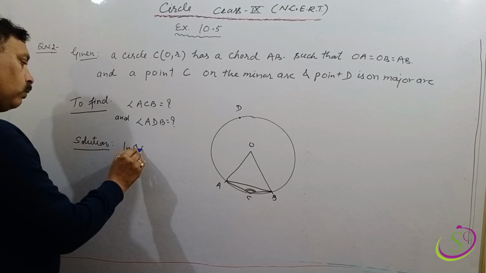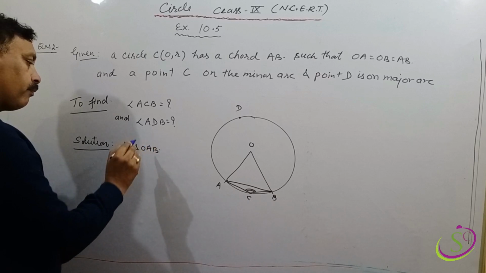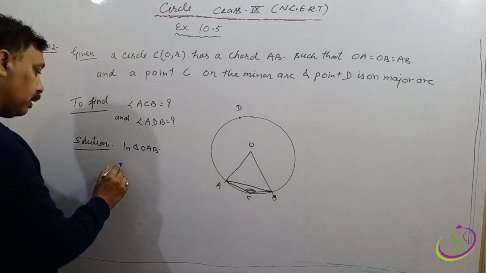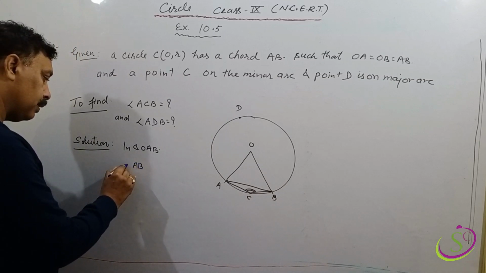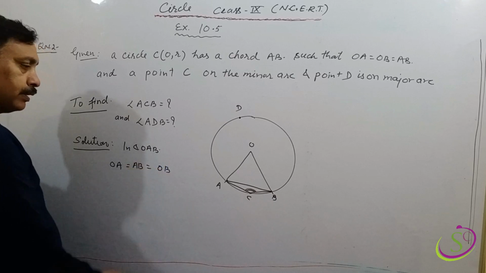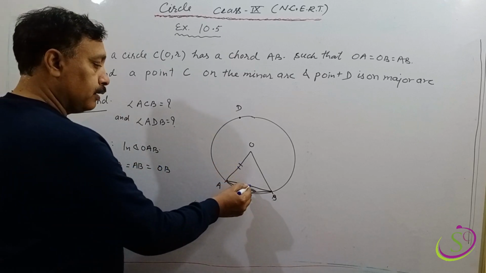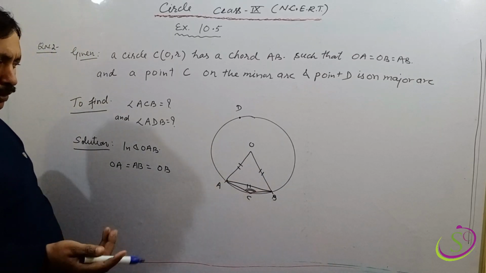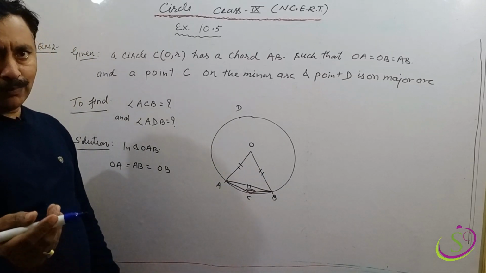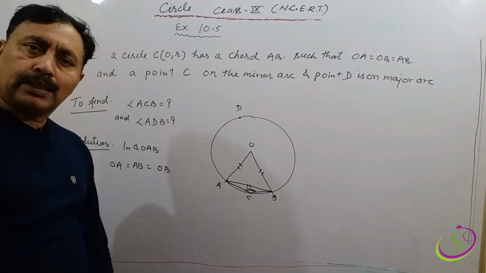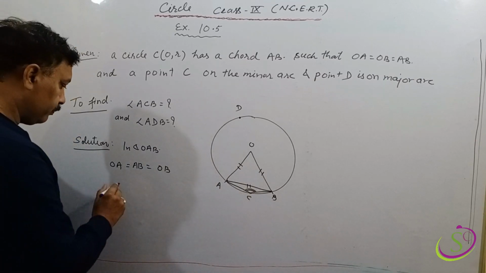In triangle OAB, clear? Now you will see side AB is equal to OA and equal to OB. See, this and this, all three sides of this triangle are equal. So if all three sides of a triangle are equal, then it will be an equilateral triangle, and we know that each angle of an equilateral triangle is 60 degrees.